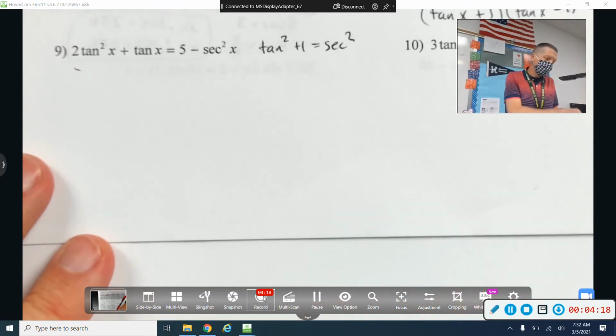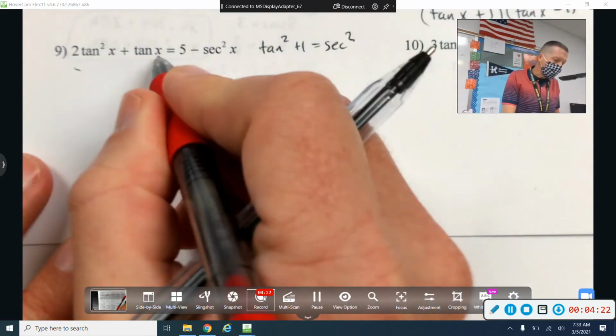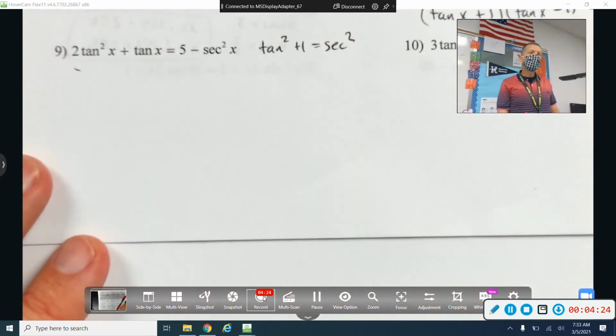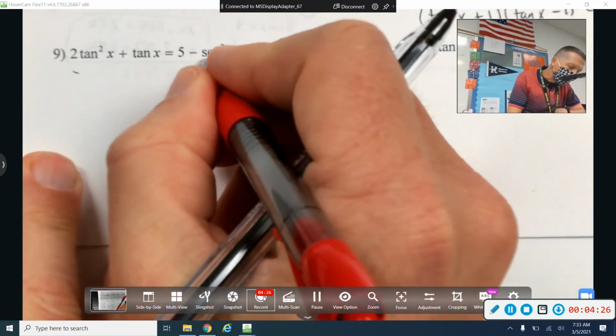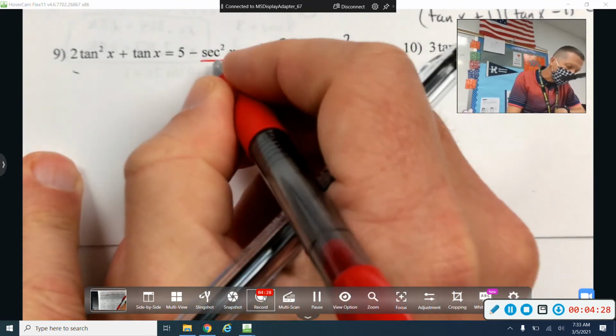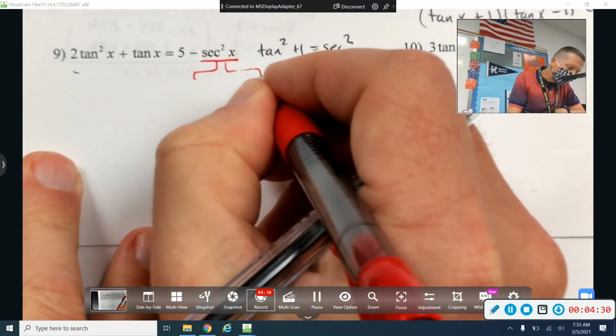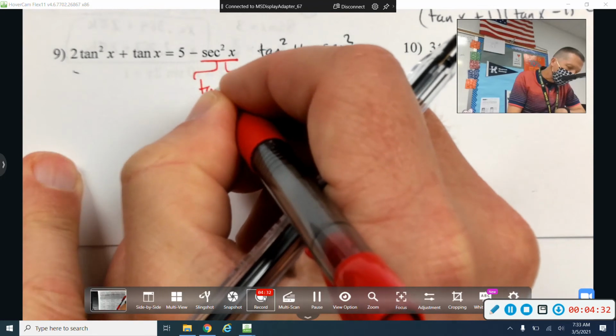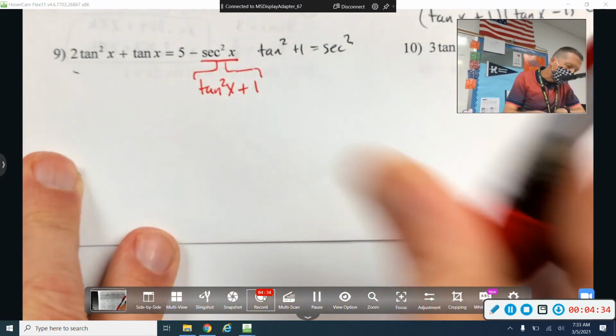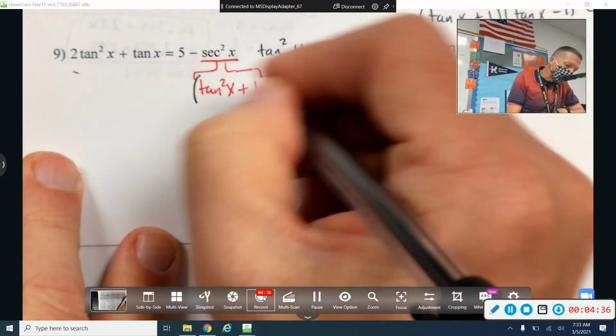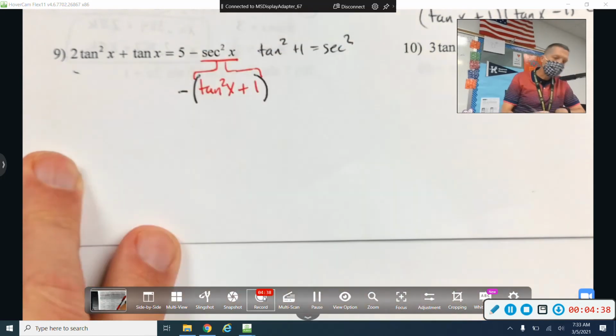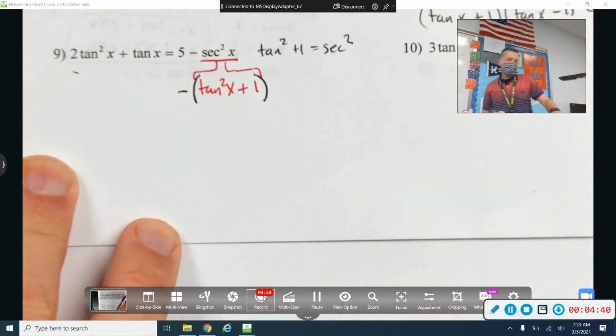There's no doubt, I have to. Which one do I need to replace, tangent or secant? Secant. I've got to replace secant. So in place of secant goes tangent squared x plus 1. But I need to be super careful because there's a minus sign out front that needs to go to everything.